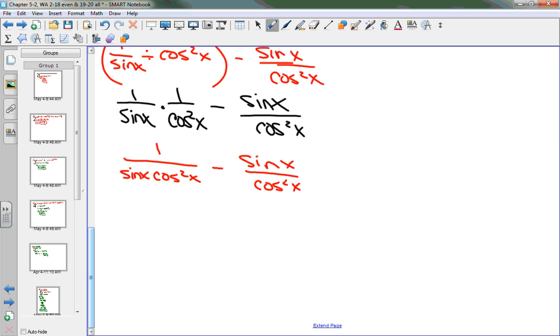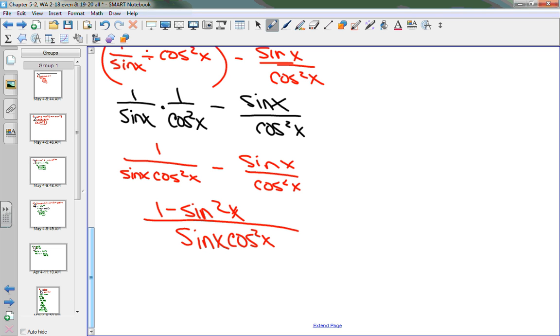What is that common denominator? Sine cosine squared. I have that here, but I need to have another sine there, so that's going to give me sine squared of x.